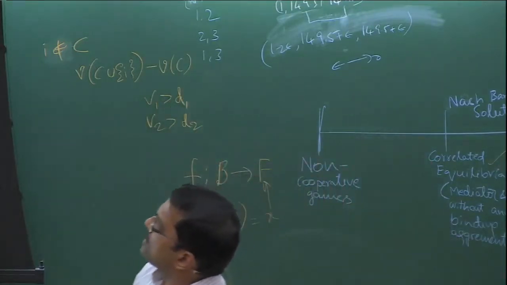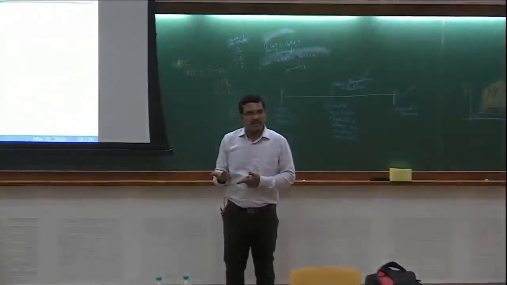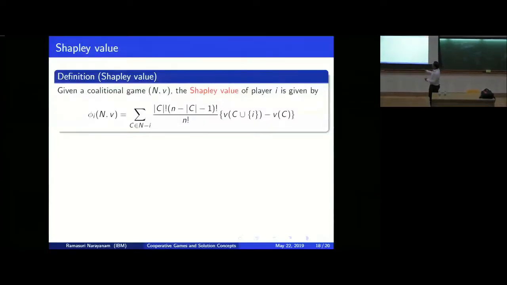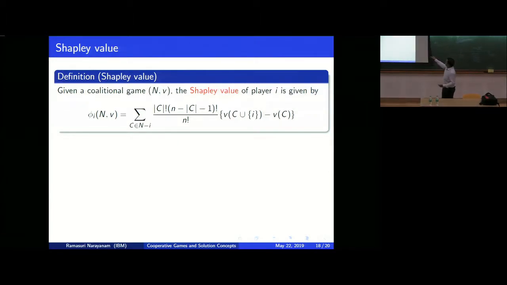Okay? So how many ways can I form the set C if there are n players? These many ways. So these are the number of ways I can construct a C, and for a given C, this is called the marginal value that the ith player derives with respect to the set C. Now you have to take the sum over all possible C's. So this equation is with respect to a particular C. Now you should take all possible C's, right?